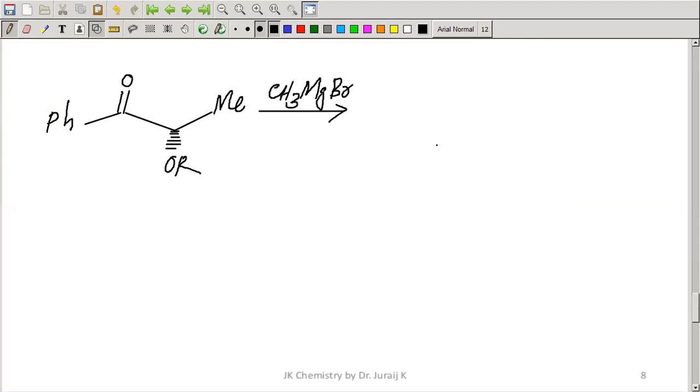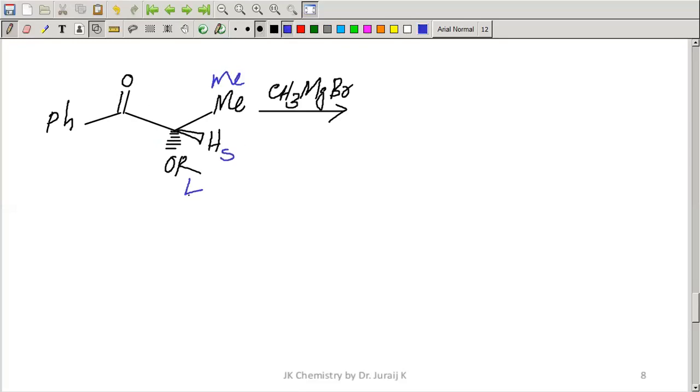Okay, fine. Now, while we are analyzing the substrate, how can you predict whether it is syn or anti? Here we can classify this as the large group, this is the medium group, and here you can see a hydrogen, that is the small group.